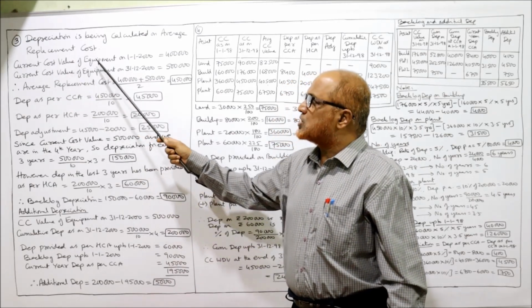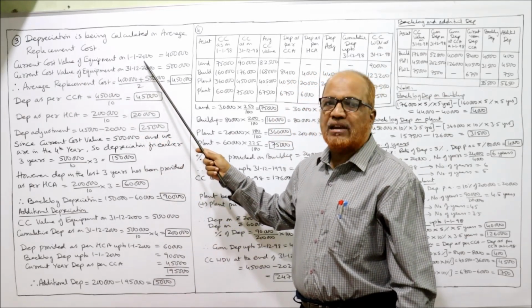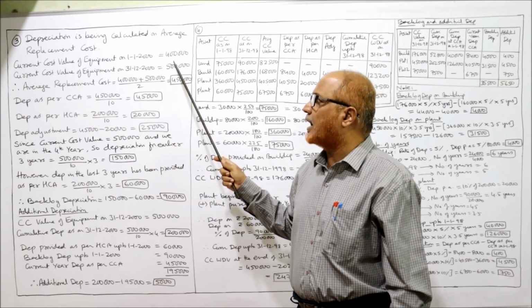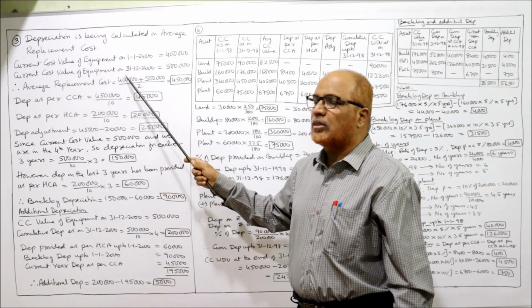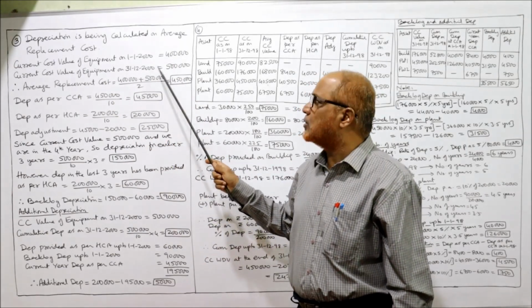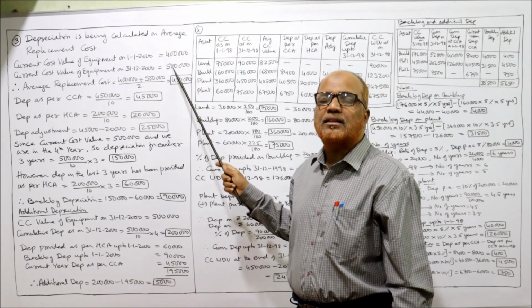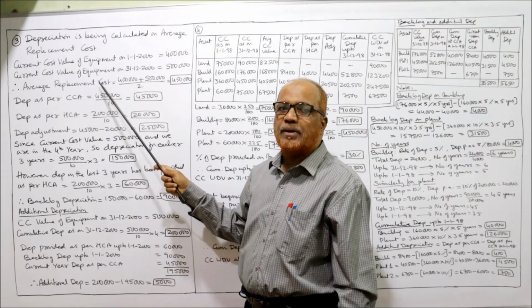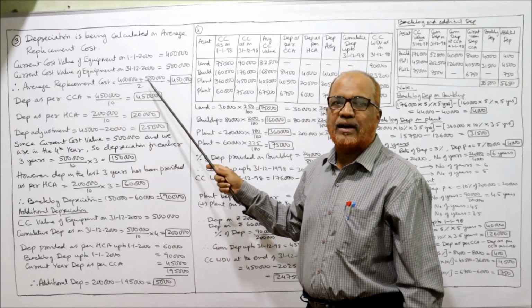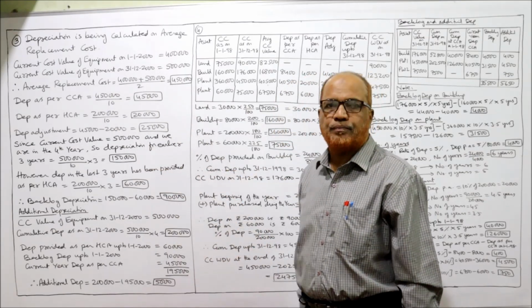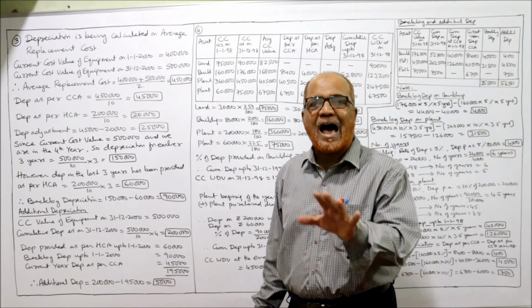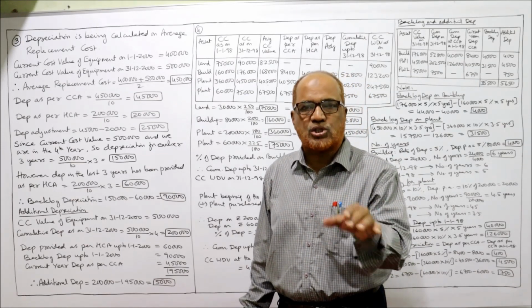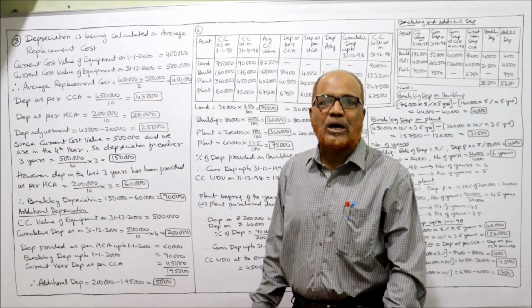So the current cost value of equipment on 1st January 2000, beginning of the year, is 4 lakh, and on 31st December 2000 it is 5 lakh. So we take the average, 4 lakh plus 5 lakh divided by 2, which is 4 lakh 50,000. 4 lakh 50,000 is the average replacement cost during the current year 2000.